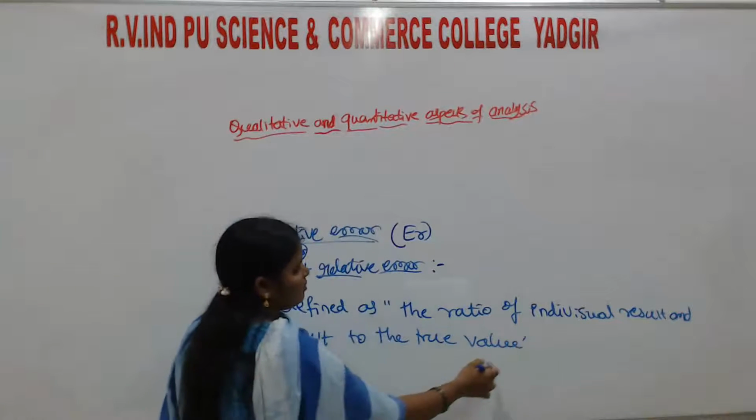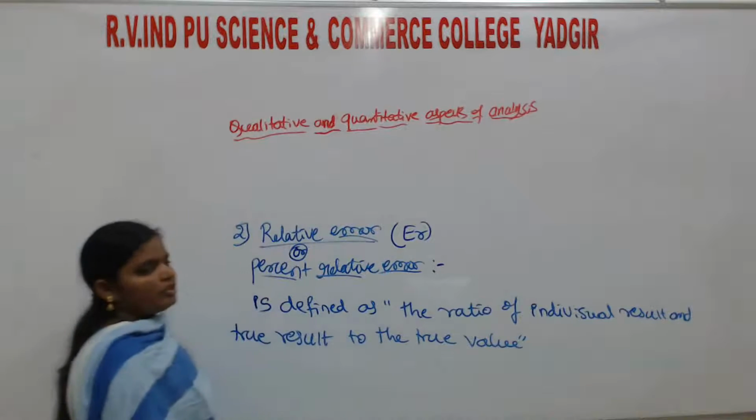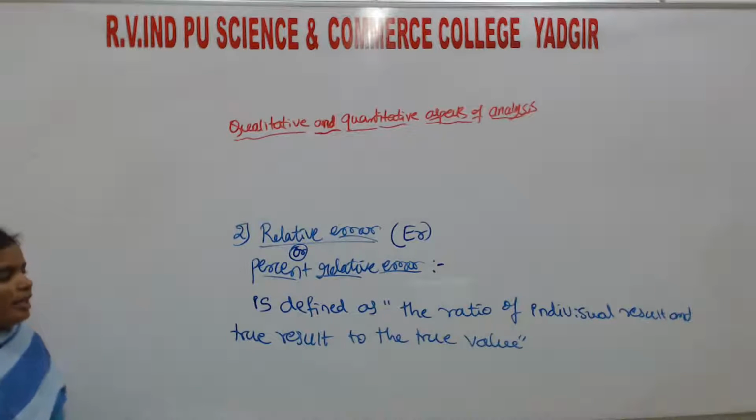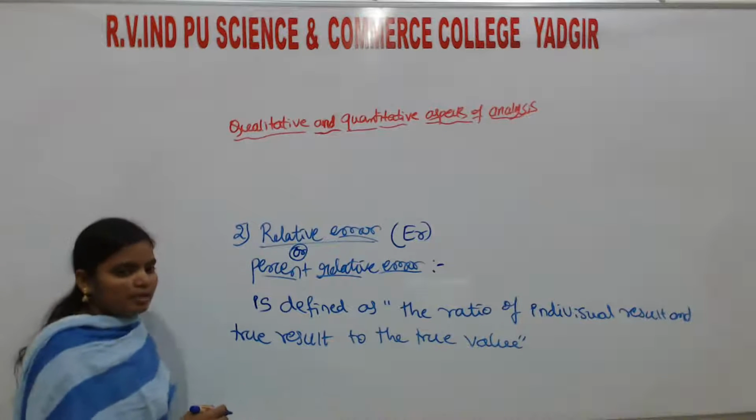This is the definition of relative error. When multiplied by 100, it is known as percent relative error.